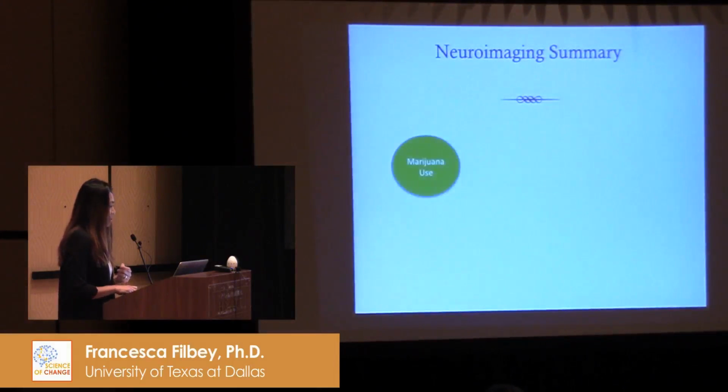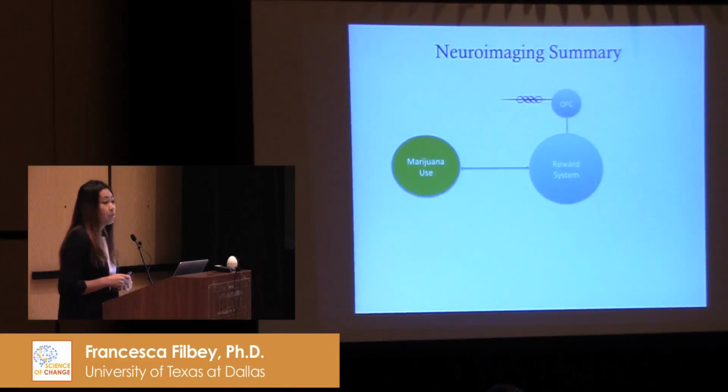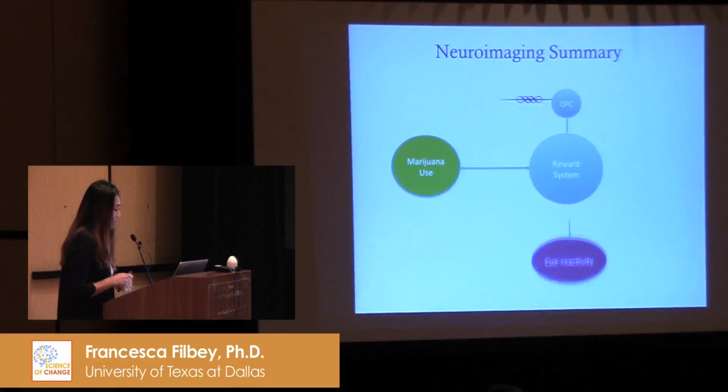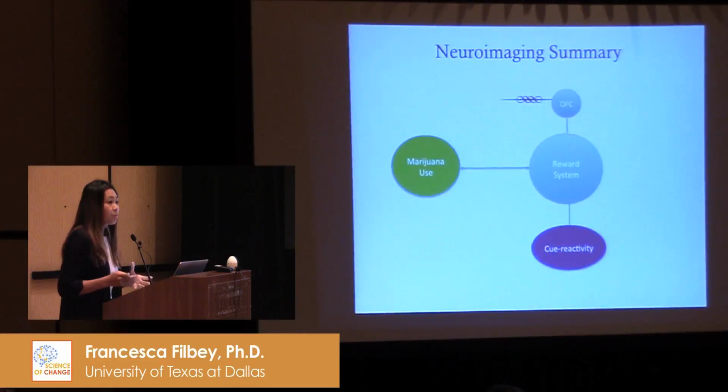So with that, just to summarize this area of work, we have found that marijuana use does alter the reward system. In terms of structure, it reduces the volume of the orbitofrontal cortex. Again, we don't know whether it's the direct consequence of marijuana use because we didn't follow these individuals over time, or whether that was a predisposing factor, and so that's an area that I'd like to look at further.